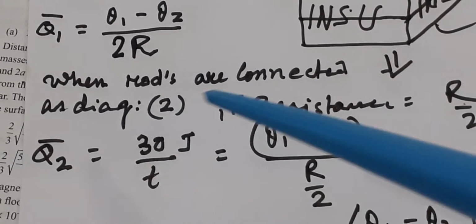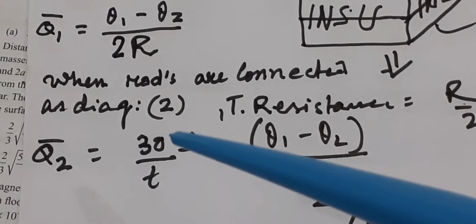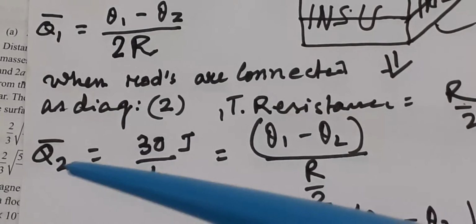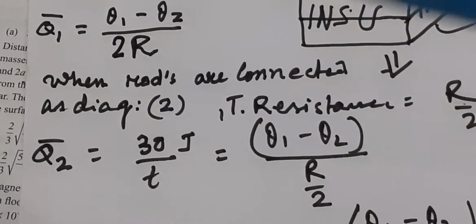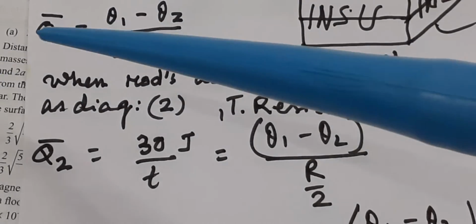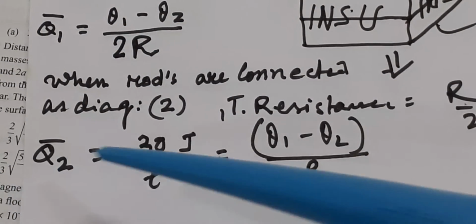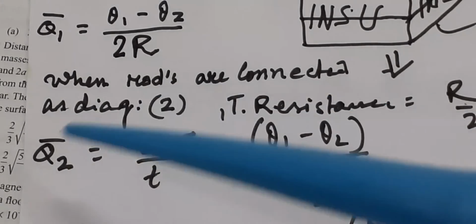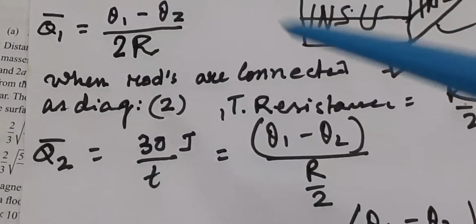Now 30 divided by T will be the rate of heat flow. Q1 is the heat flow rate here, and Q2 will be the rate of heat flow, that is 30 by T for the second arrangement. The rate of flow will be different.